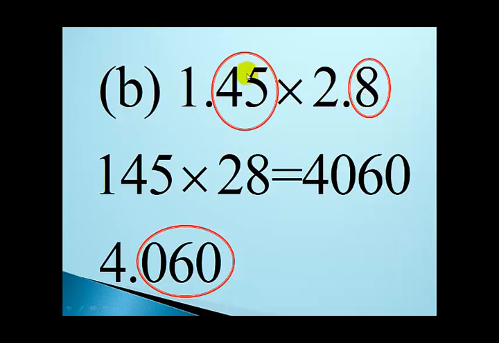So 2 decimal places together with 1 decimal place will give us 3 decimal places. That means that 4060 is equal to 4.060 to 3 decimal places.